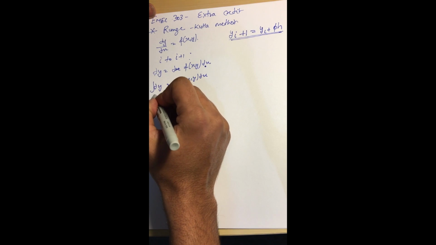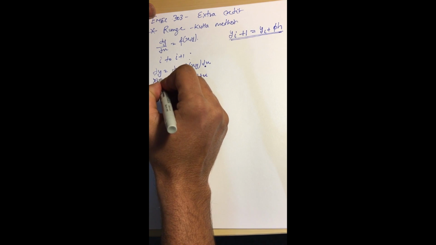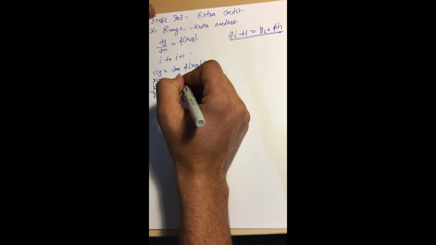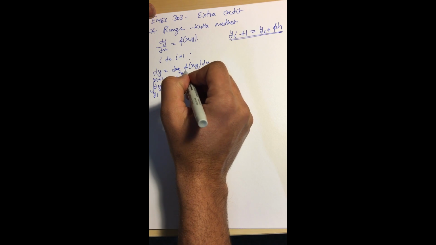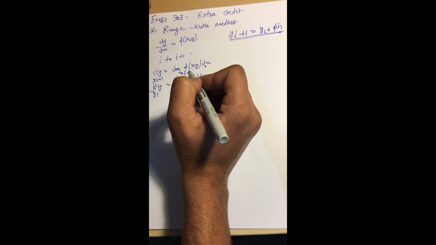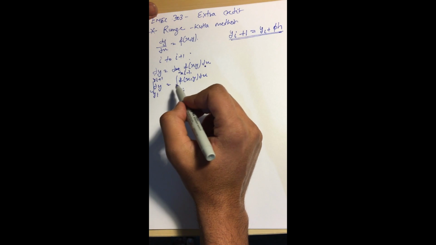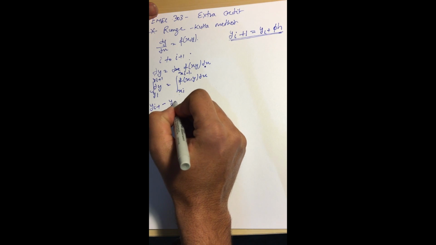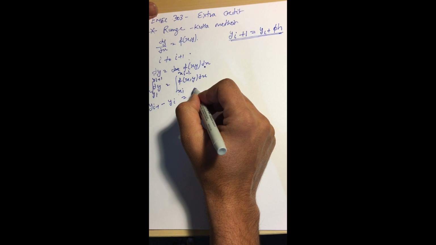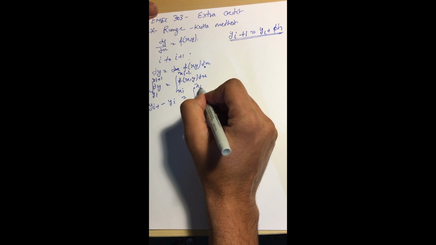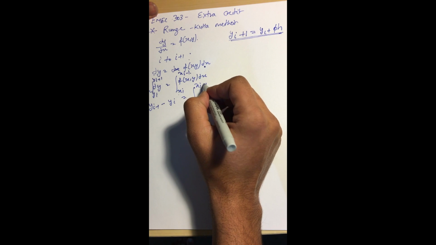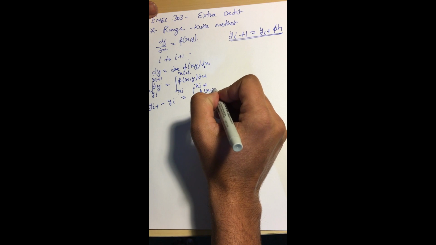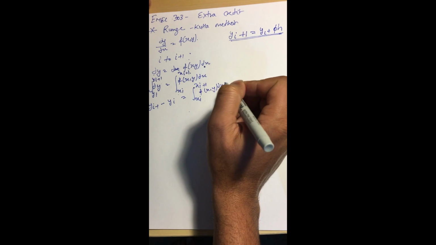We integrate dy from y_i to y_{i+1}, and we integrate the function of x from x_i to x_{i+1}. So we get y_{i+1} minus y_i equals the integral of f(x, y) dx.